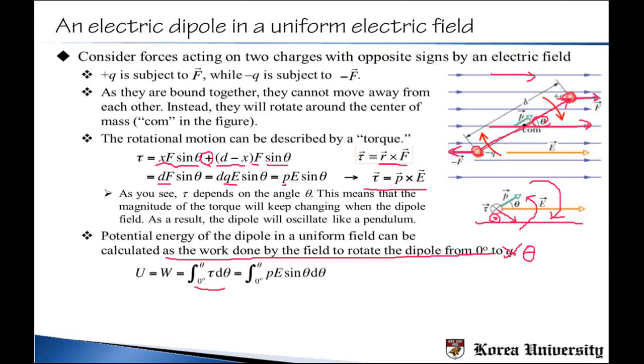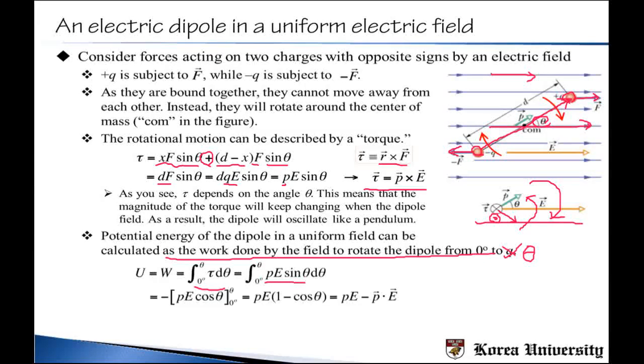The torque was PE multiplied by sine theta. Remember, P and E are constants, so what you are integrating is just sine theta, and you know very well it will become minus cosine theta. And then if you insert that the angle theta changes from 0 to a certain angle theta, then this is what you get.